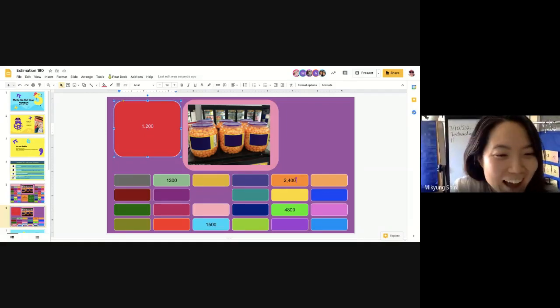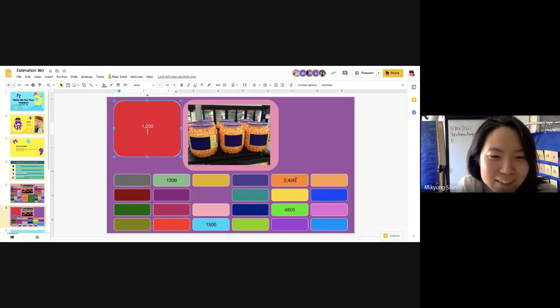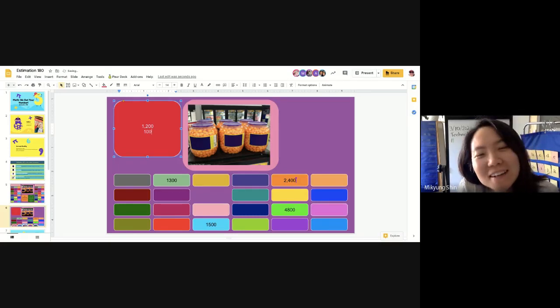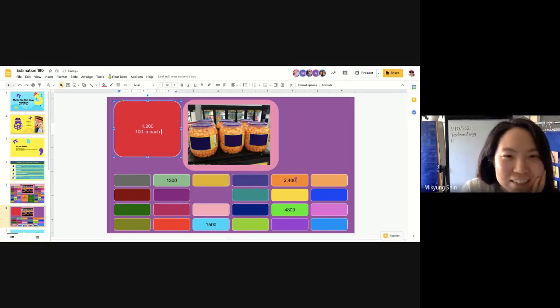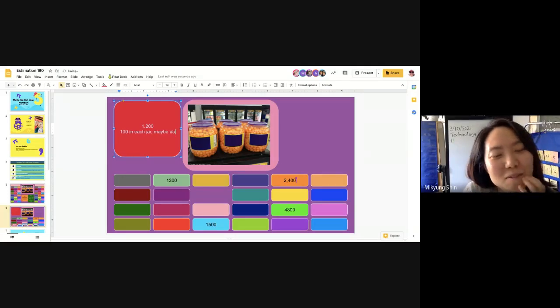I took what somebody said, that they had it before and thought about like 100 of them in each jar, but I thought maybe it's more than 100 in each jar. How about make it 200, and we have 6 tubs total.